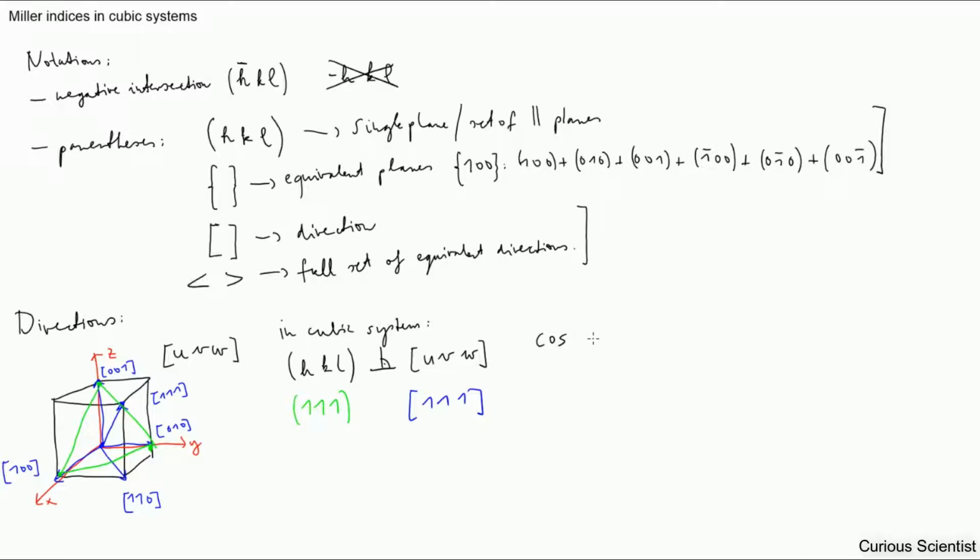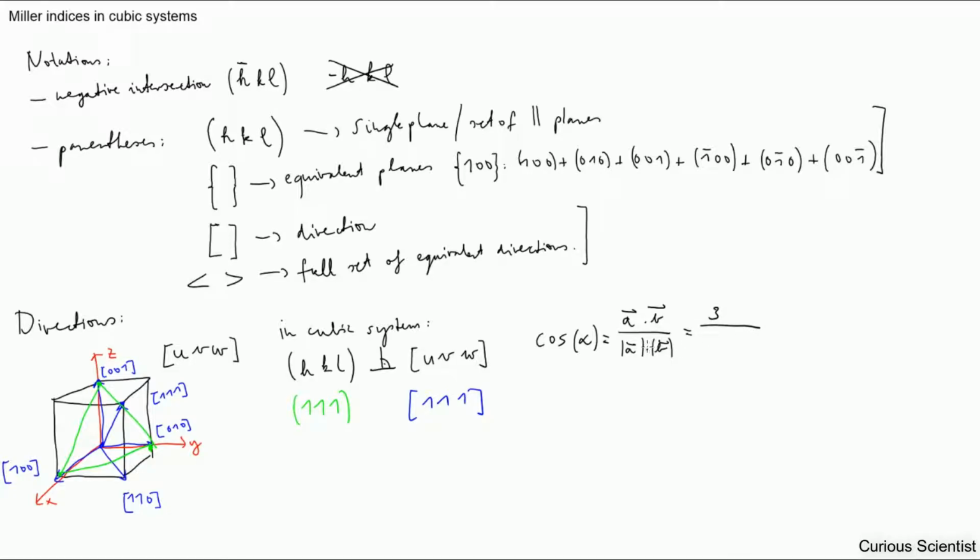So we have this rule, like cosine alpha equals A dot B divided by the magnitude of A times B. So up here, this is basically a dot product, right? So A1 times B1 plus A2 times B2 plus A3 times B3, which is basically 1 times 1 plus 1 times 1 plus 1 times 1, which is 3, right?